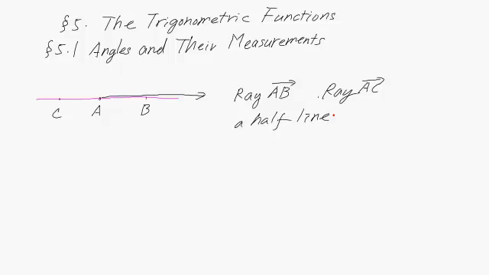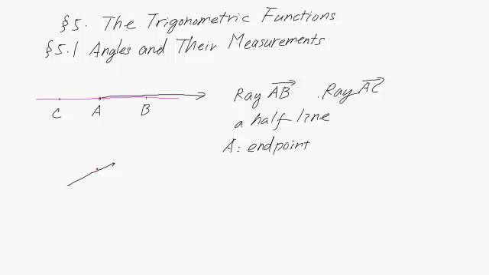Then after we define a ray, we may use the rays to define an angle. I call the end point of the ray. So now we have the 2 rays with the same endpoints.